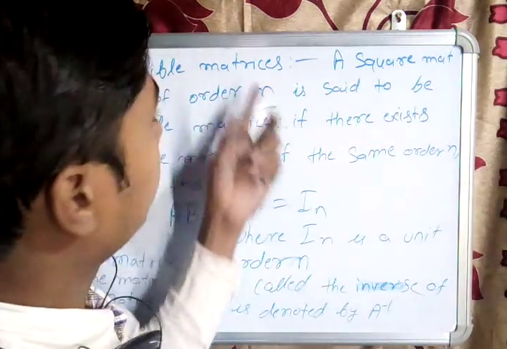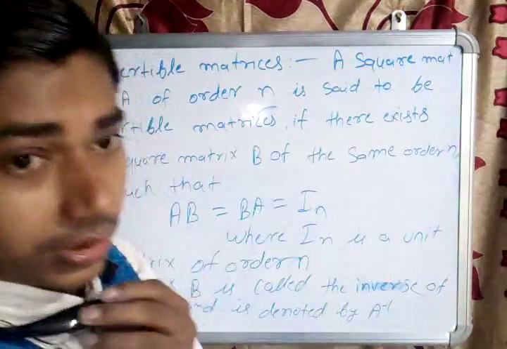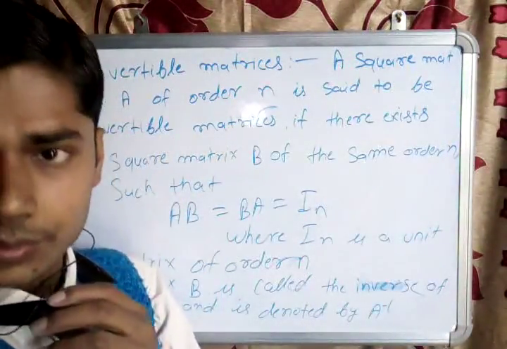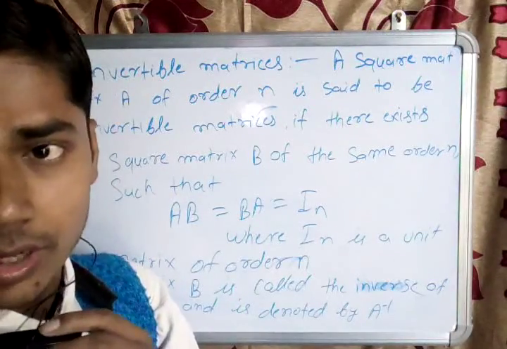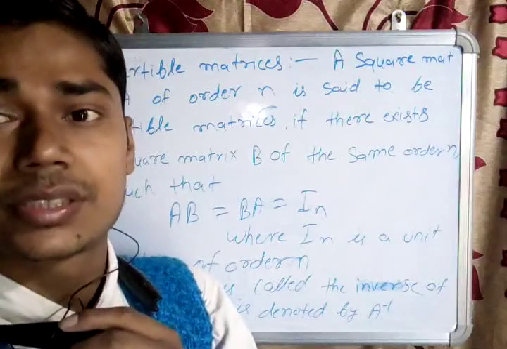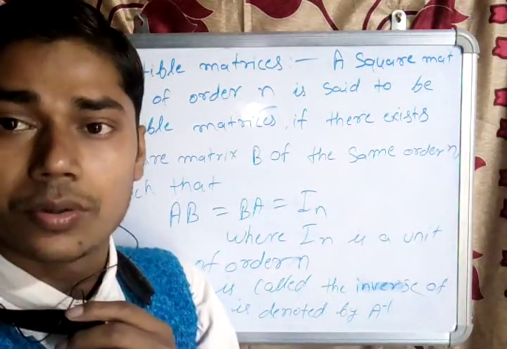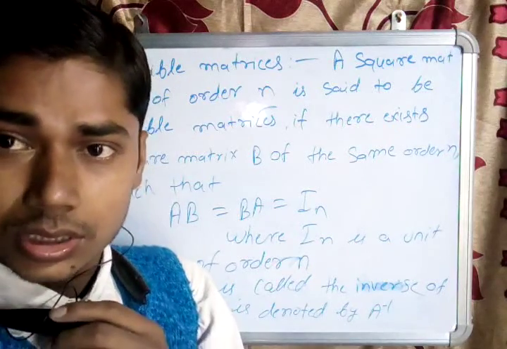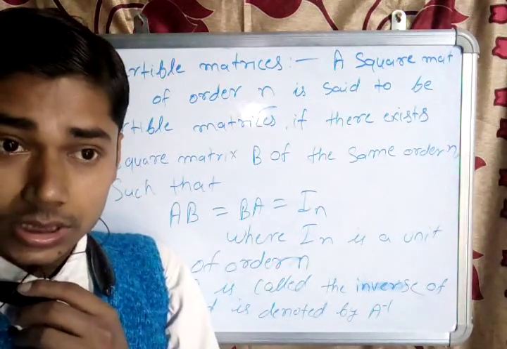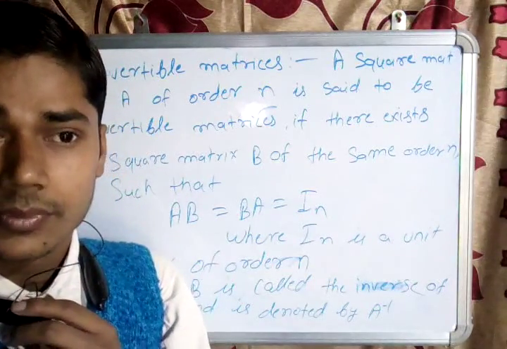Definition of inverse matrix. A square matrix. We know that a square matrix is a matrix which has an equal number of rows and columns.